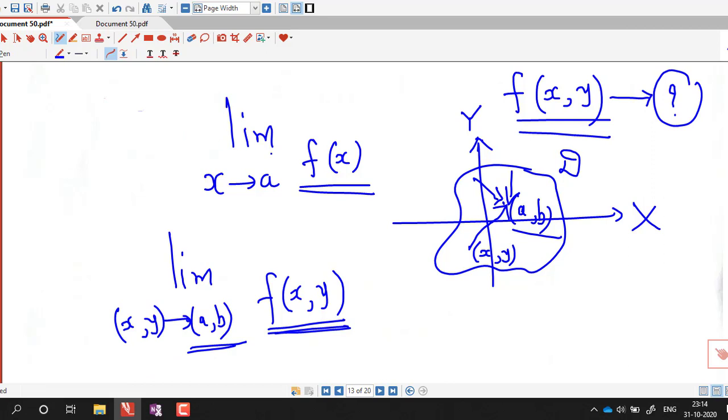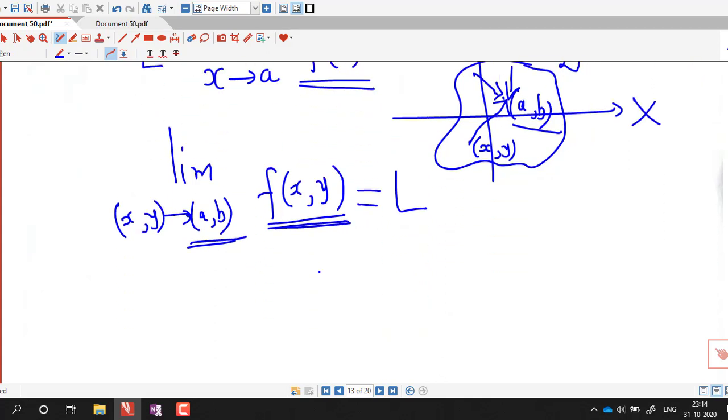So the definition is the same. The definition for a single variable function and a multivariable function is the same, but the generalization is a little bit conceptual for this limit of functions of two variables.